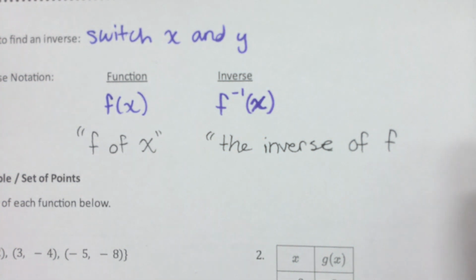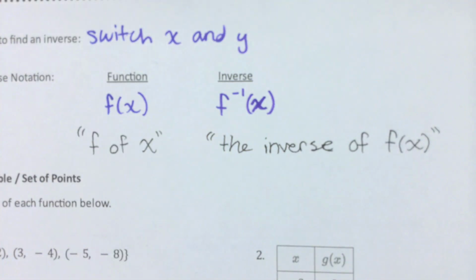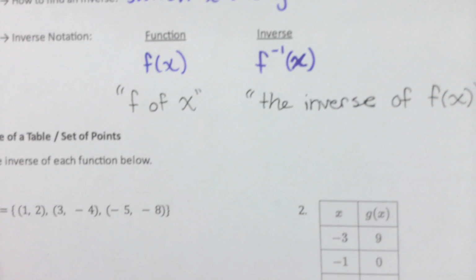You can also say the inverse of f of x. Both ways are fine. But that's the proper way to say that when you see it. We're going to be using that notation quite a bit throughout the notes, so you'll get used to it with practice. Let's do some problems.